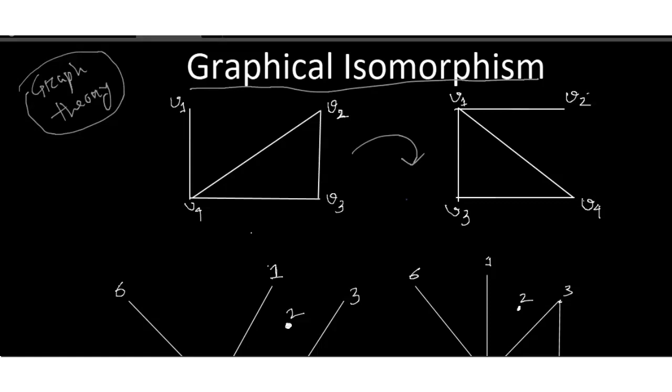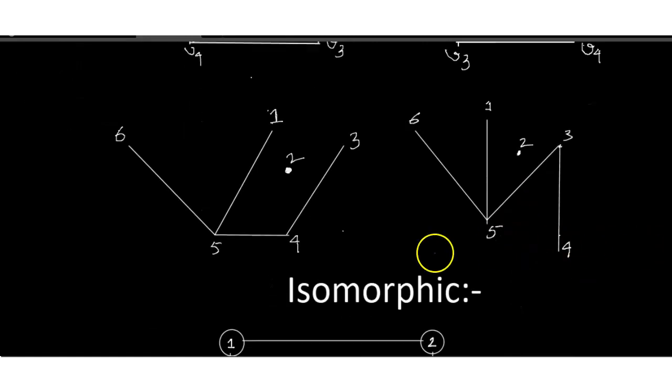Visual depictions of the concept of isomorphism. If you take this graph again, vertex 2 is a point which is left alone. The second graph is also isomorphic to it.